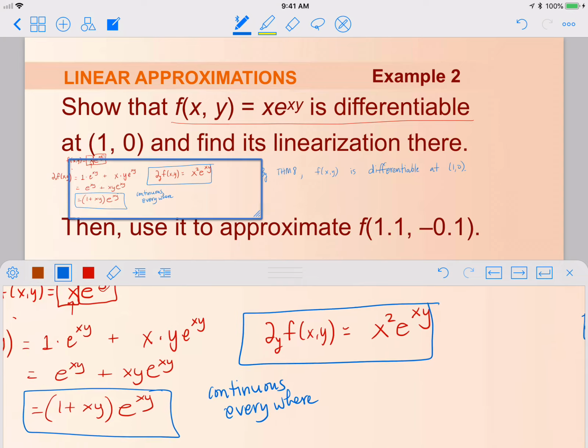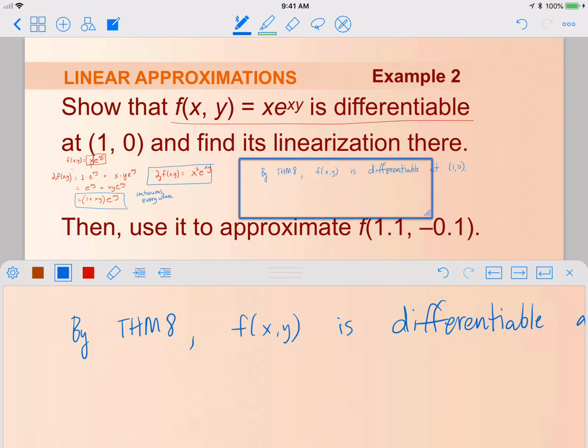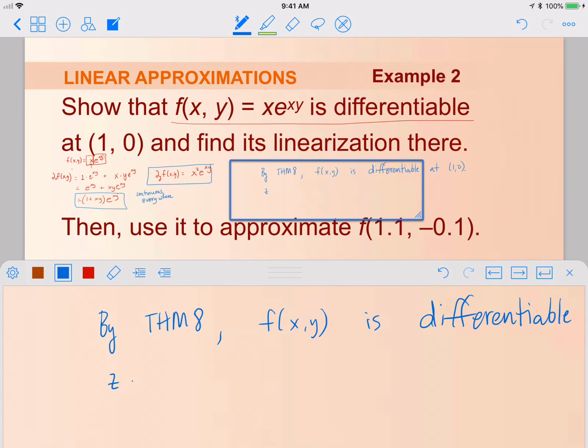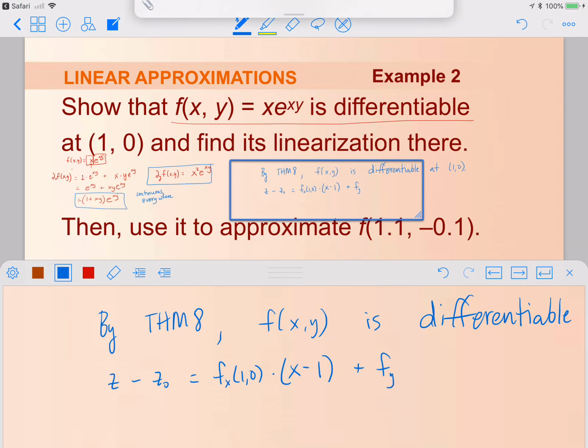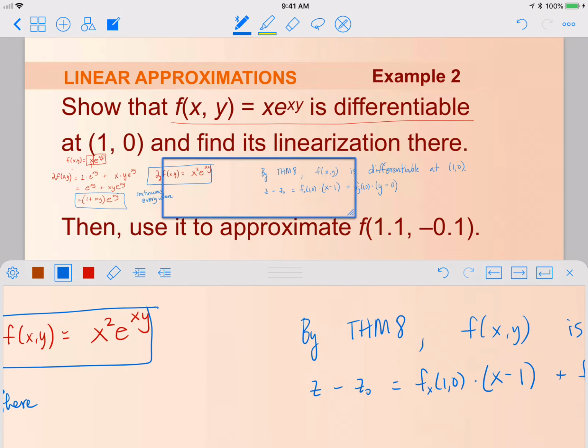Okay, let's find this linearization. The formula for the linearization is z minus z naught equals the partial with respect to x at 1 comma 0 times x minus 1, plus the partial with respect to y at 1 comma 0 times y minus 0. Now, how do I find my z naught?